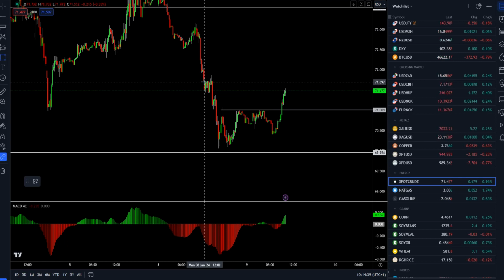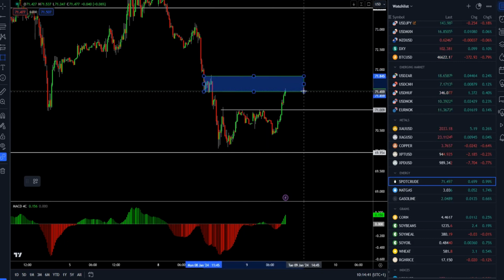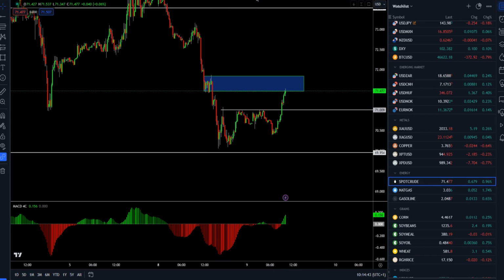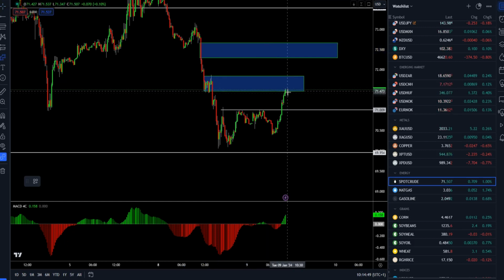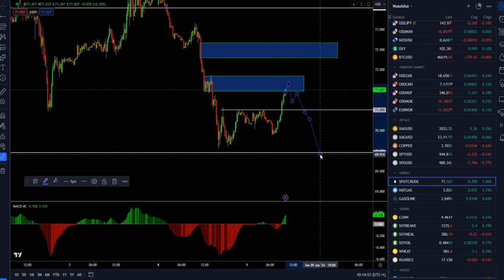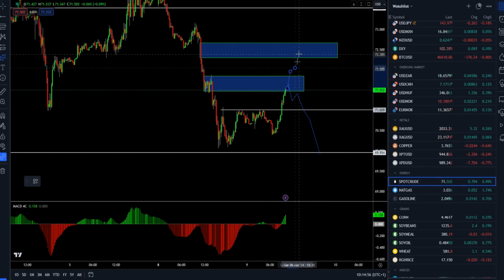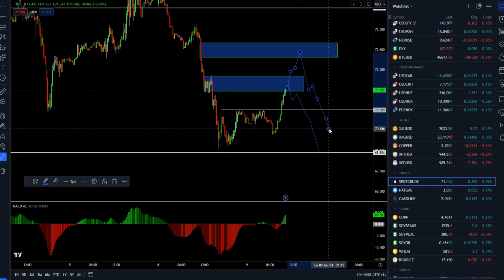We have the confluence around 71.70 mark. So this is the one confluence, and then we have some supply bars at this point. So there is a chance, if the sellers will come, that market can rebuild downside, and the market will attack this area and then start to rebuild downside.